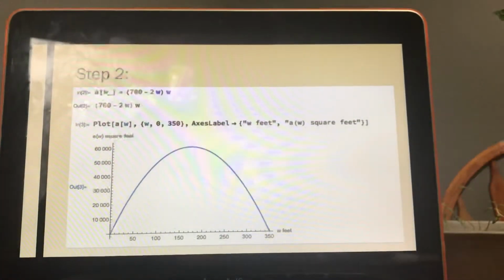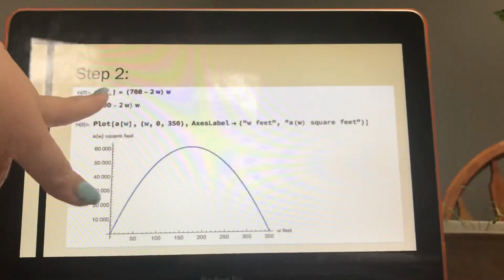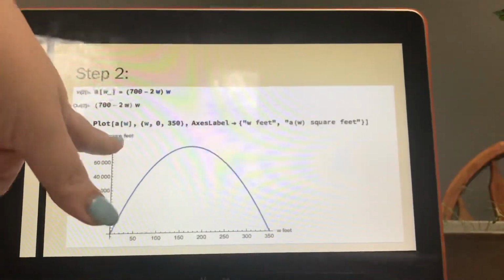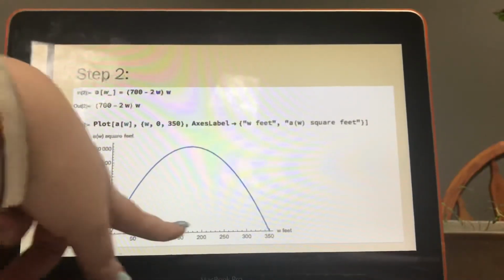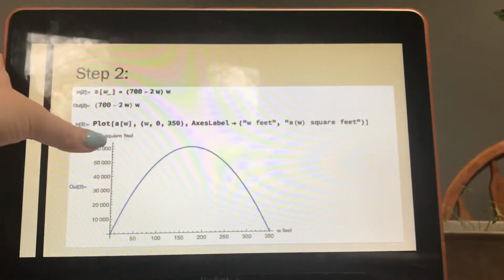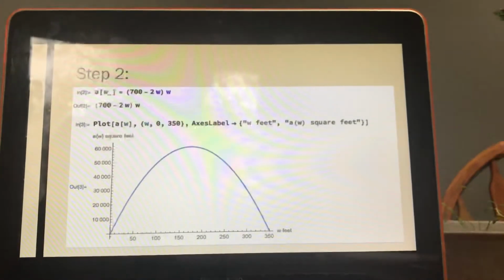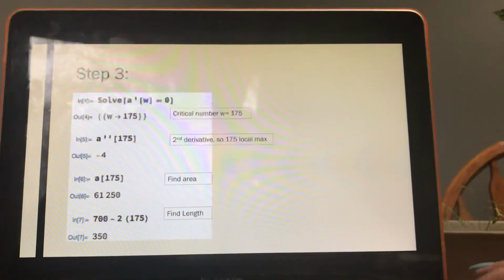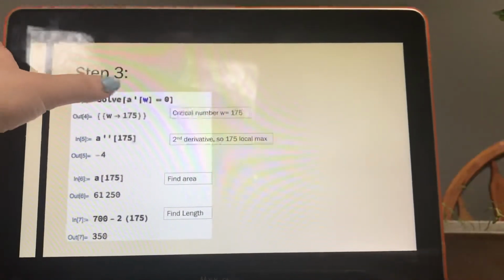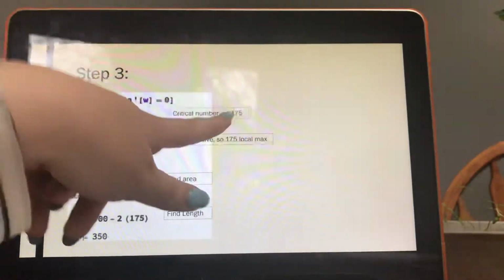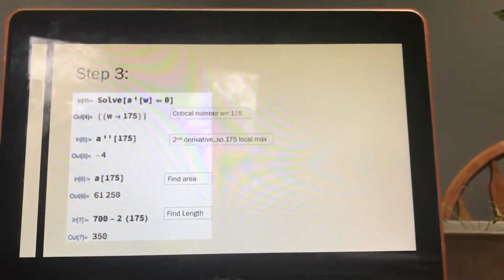So step 2, I punched it into Mathematica. So here's our optimization function. It output this, and then I decided to plot our function with our axes labeled A(w) square feet and w feet. So as you can tell, it gave us this nice curve. Then I solved for A prime of w, which gave us a critical number of 175. That's our critical number.